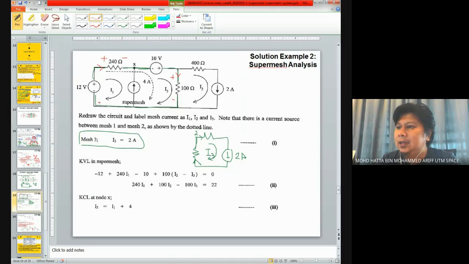And when you try to work out the equation for Kirchhoff voltage law for the supermesh, let's say I'll start here and go around the supermesh and return back to the original point. I have negative 12 plus 240 times I1, minus 10.